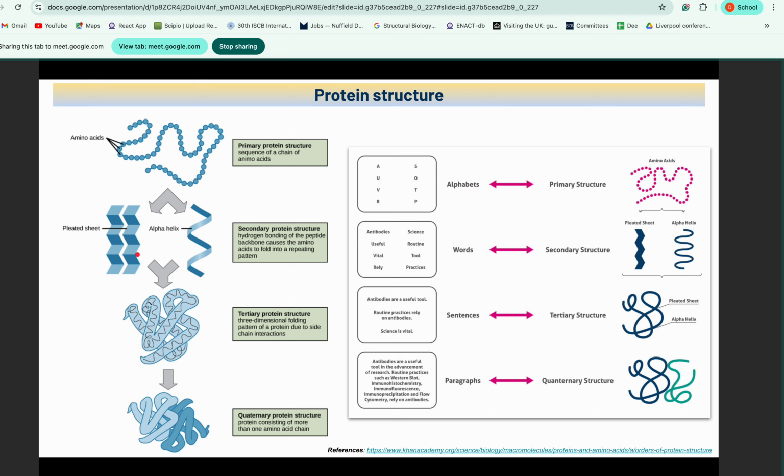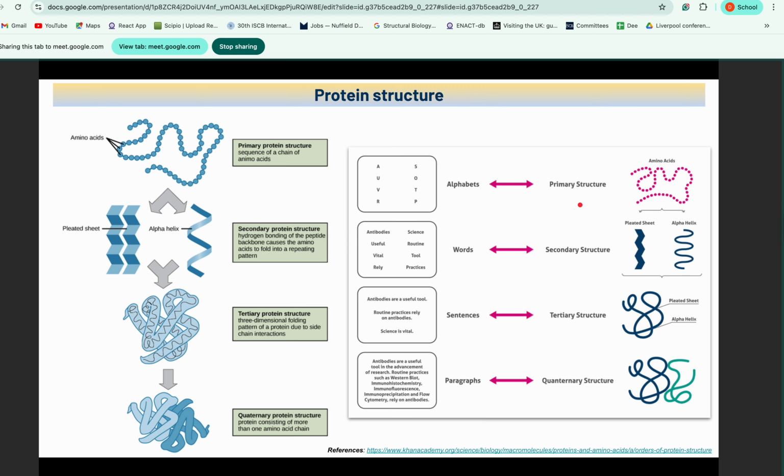If they are arranged anti-parallel to one another, they are anti-parallel beta sheets. So in secondary structure, we mainly look at the hydrogen bonding of the peptide backbones, which causes the amino acids to fold into a repeating pattern. These repeating patterns are observed in the entire protein structure. That is known as secondary structure. In terms of English literature, the words are like our secondary structure.